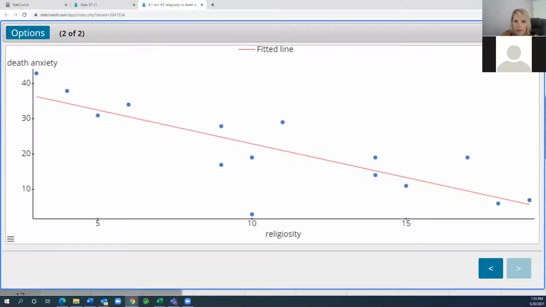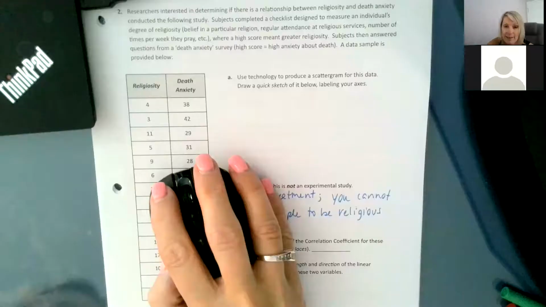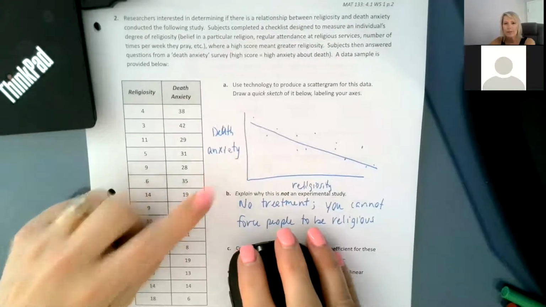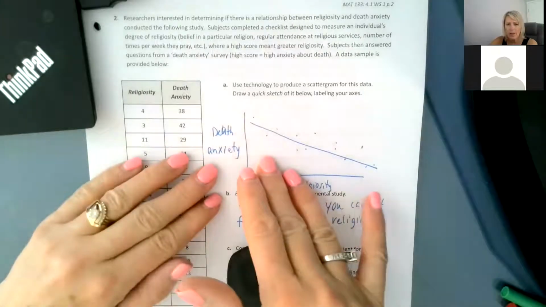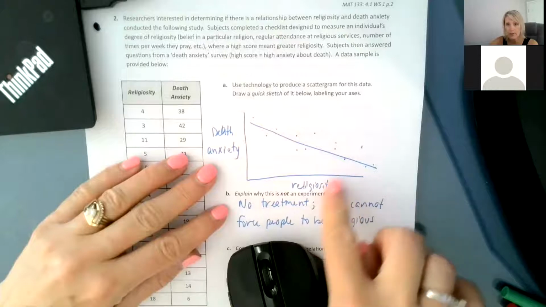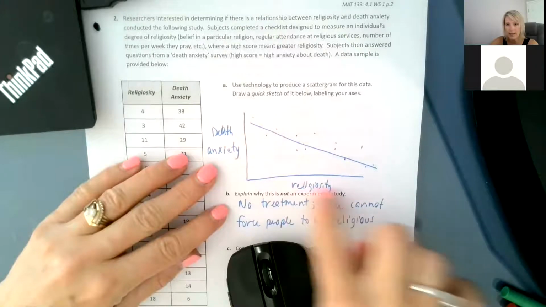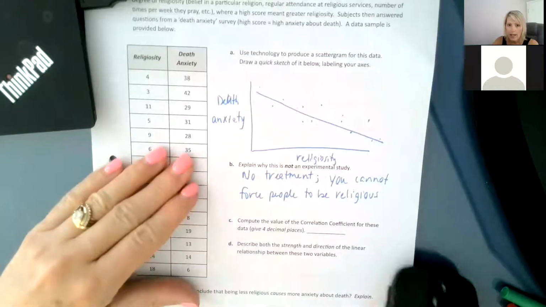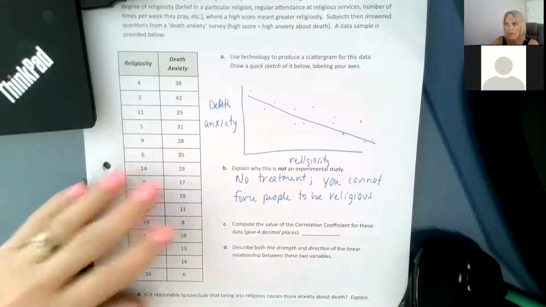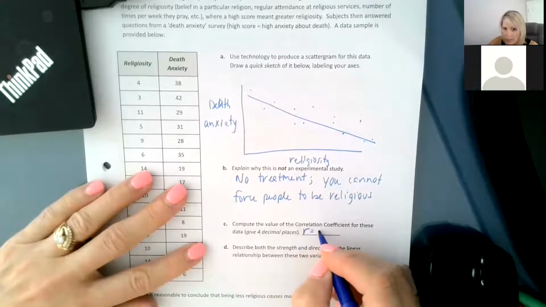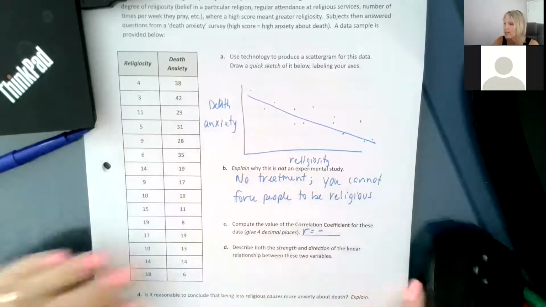I'll just show you what I did. I am not an artiste, so don't laugh. So the idea is we're just getting a visual. And visually, it looks like there's a negative relationship, right? As religiosity gets bigger, death anxiety gets smaller. And so once we look at that r down here, we are going to assume that it should come out to be negative.